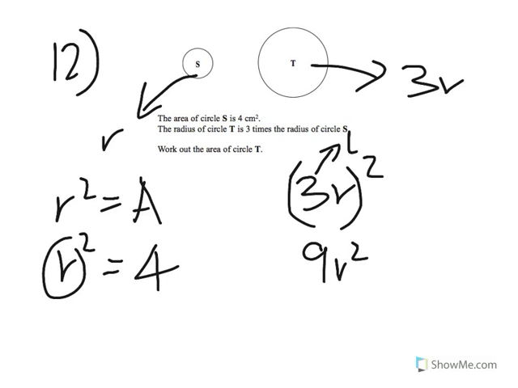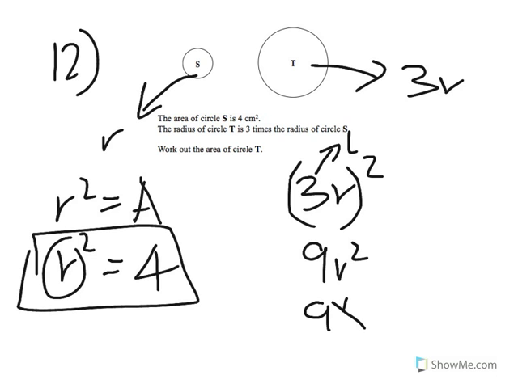So r squared from this part is nothing but 4. So the area of this is nothing but 9 times 4. And so the area is just 36. We can neglect pi because they're similar, and pi is just a constant value, it doesn't matter. So yeah, that's it.